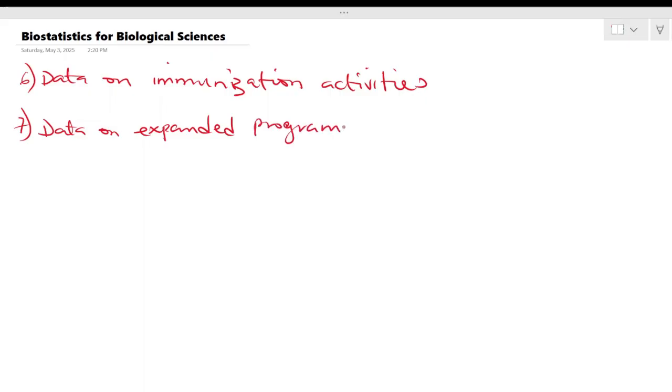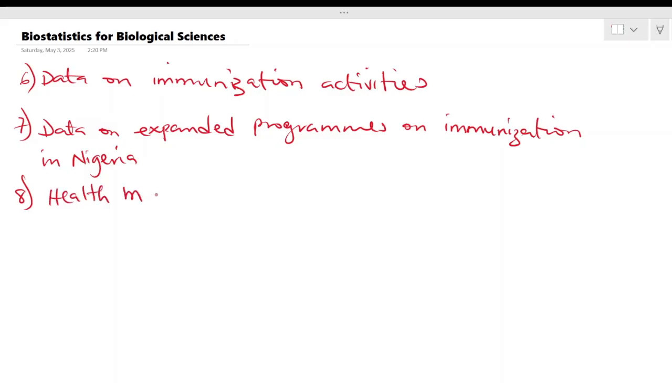And number eight, we also have health manpower distribution data.